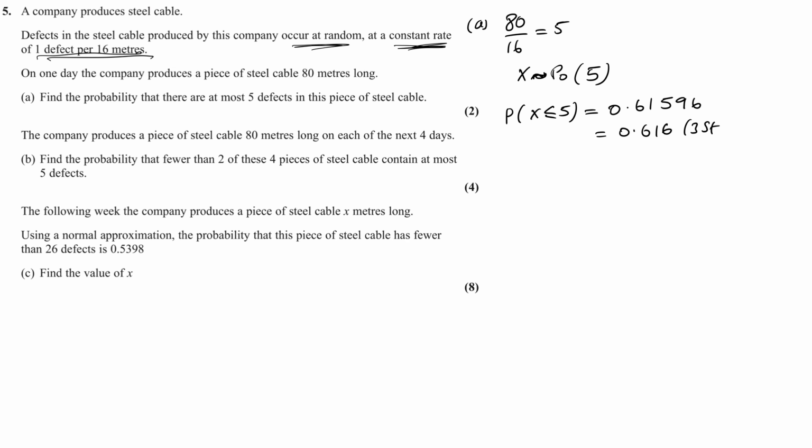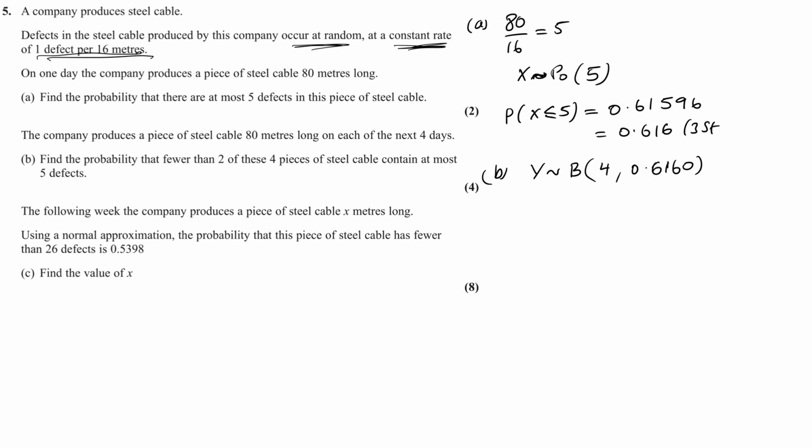So at most 5 defects is the probability that we've got. I'll keep it to 4 decimal places in my question here, but it's like part B now we're setting up. I will call this Y for binomial. N is 4 and the probability is 0.6160.